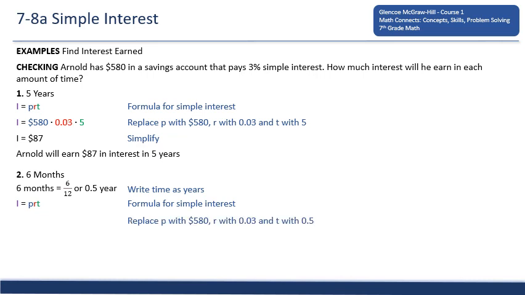Principal is $580, the rate is 3% or 0.03, and the time is 0.5. We substitute those into the formula and simplify by multiplying, and the interest for 6 months at 3% is $8.70. Arnold will earn $8.70 in 6 months or half a year.